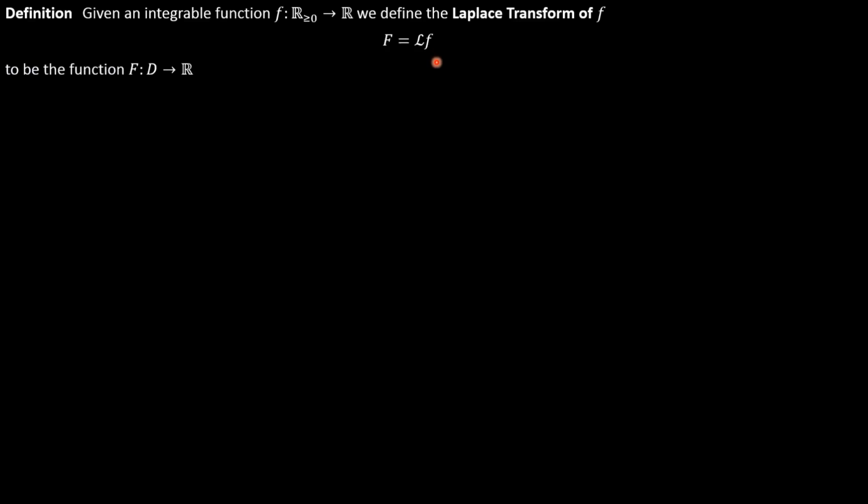And this new function, capital F, also called the Laplace transform of f, is defined in this way. Now, what's interesting about this function is that it is a function of a different variable, s. So the original function, lowercase f, could be thought of as depending on t, whereas the new function, capital F, depends on s.